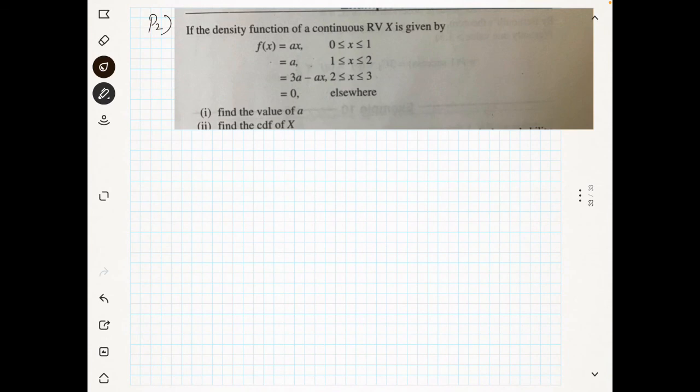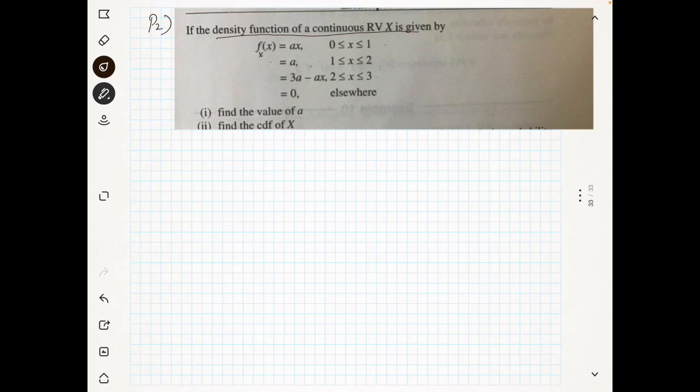Next we have another problem. If there is a density function given of a continuous random variable, fx of x is nothing but ax for the limit between 0 to 1, and it is equal to a for the limit between 1 to 2, and 3a minus ax for 2 to 3, and 0 elsewhere.